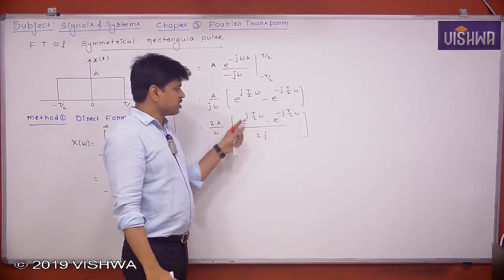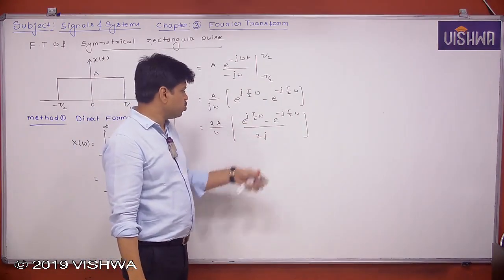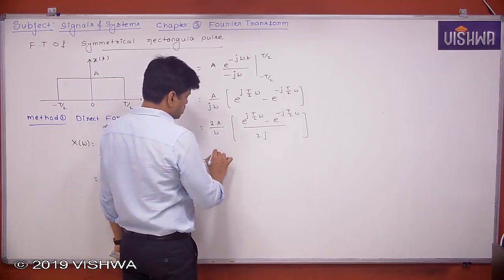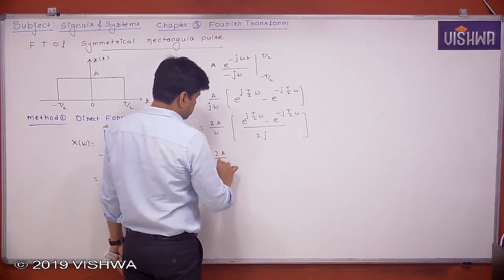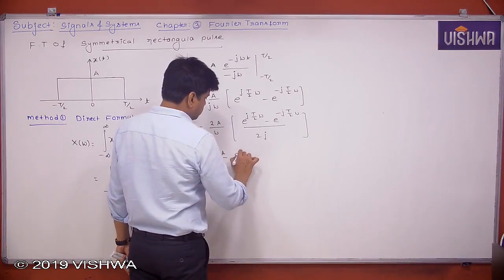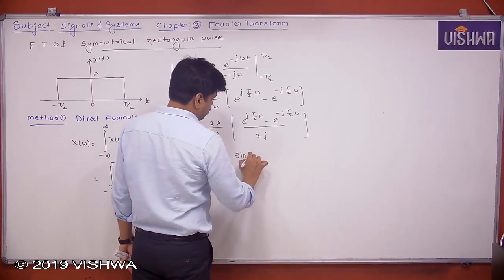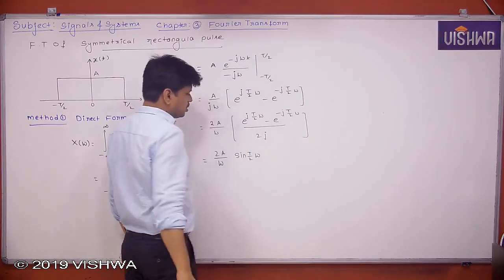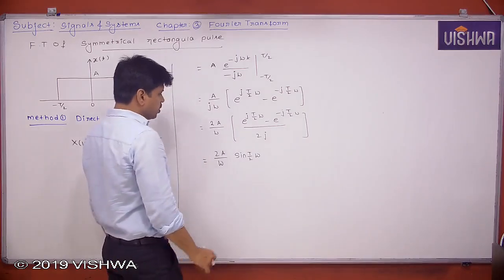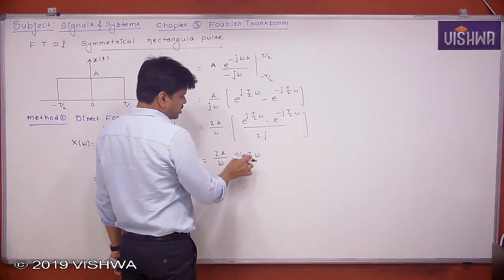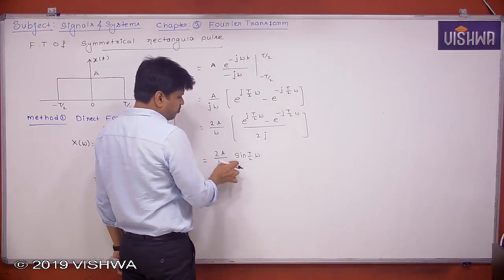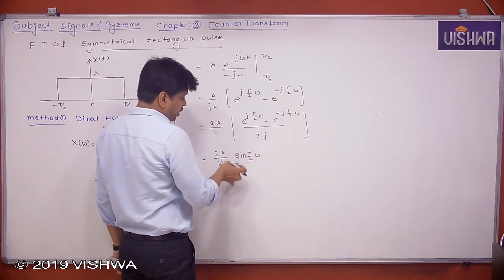And I know this factor is nothing but sine of T by 2 omega, so this is going to be 2A by omega sine of T by 2 omega. Here I want to write this function, sine of T by 2 omega by omega, as the sampling function.